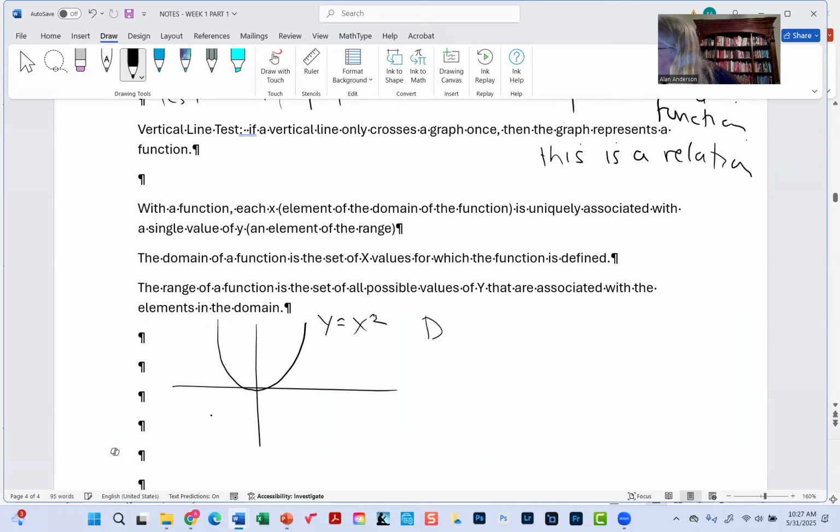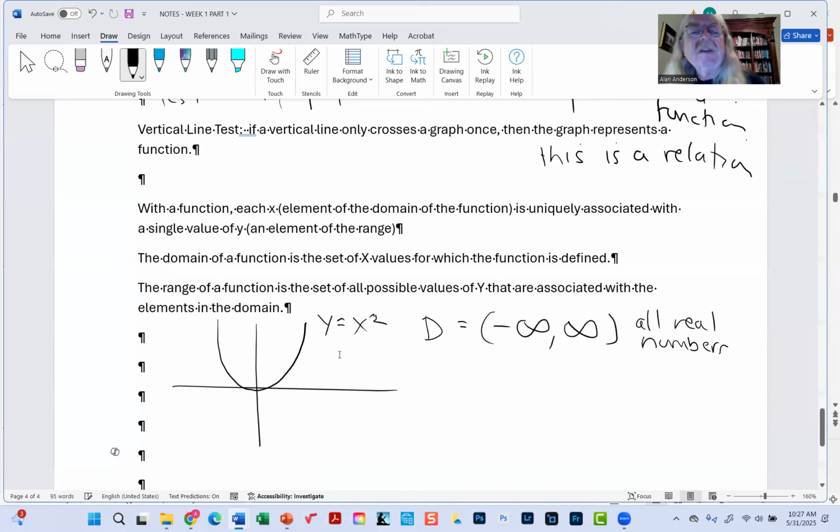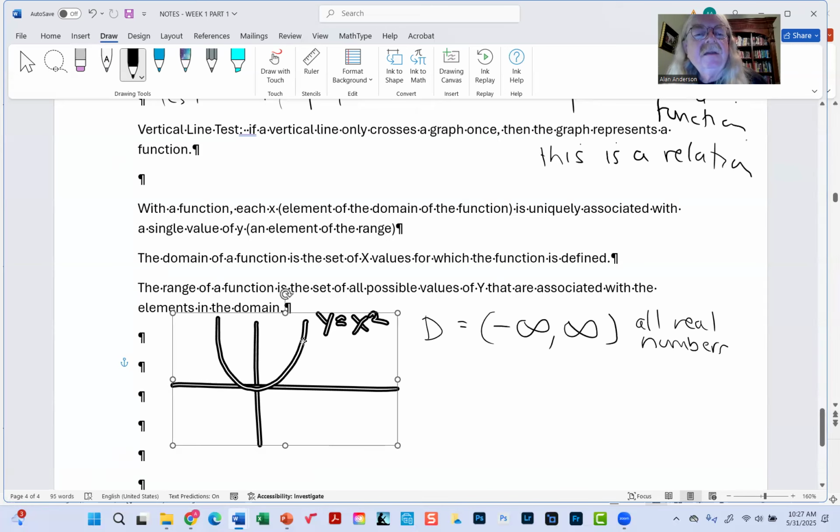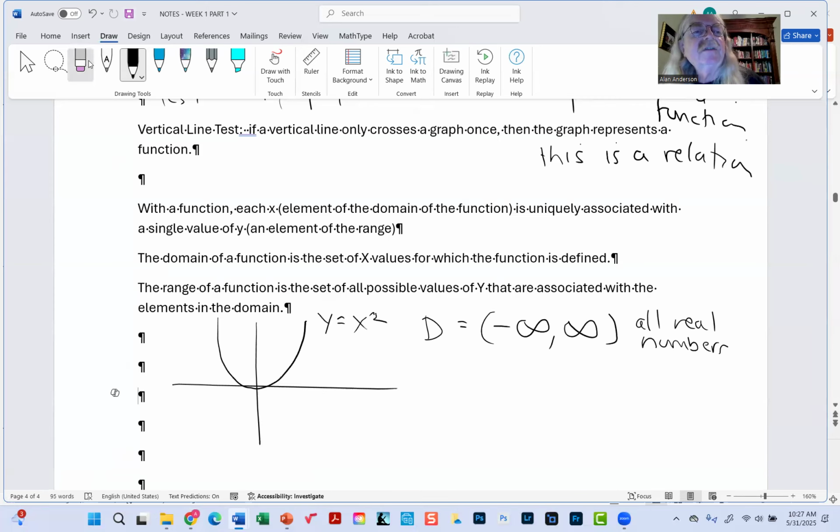here the domain is all the real numbers, which you write like this. And so basically, let me just fix that a little bit. In other words, think about it this way.